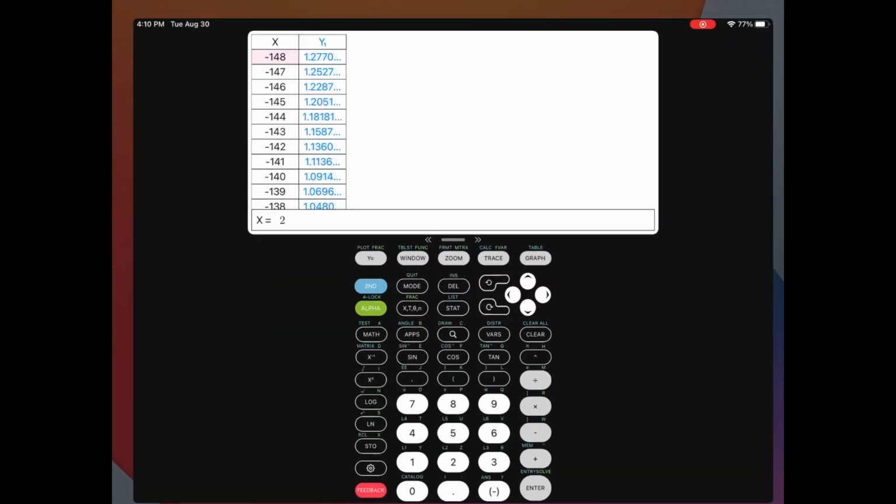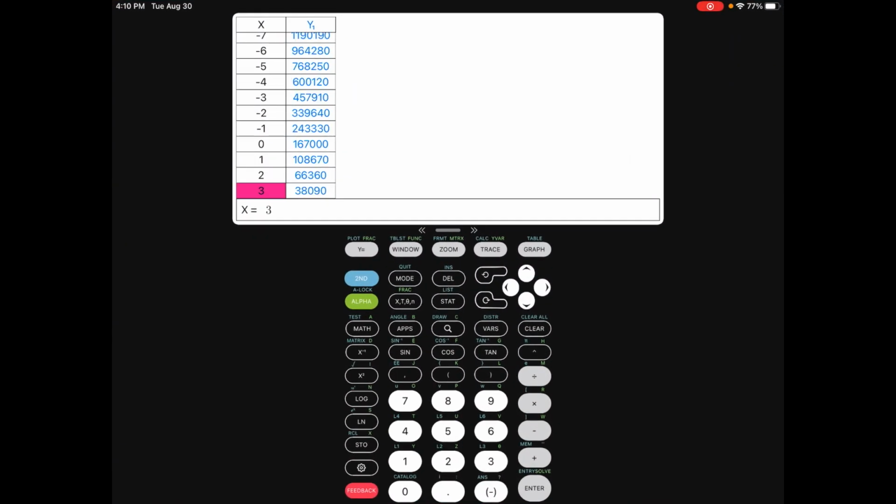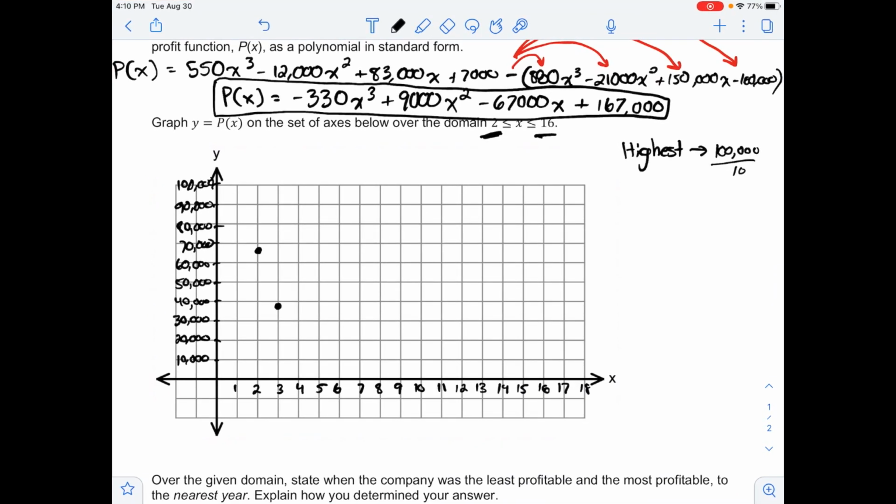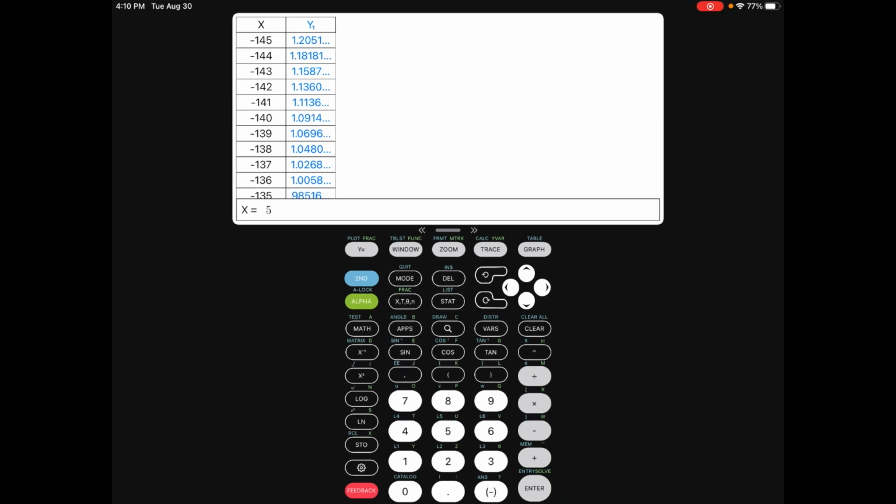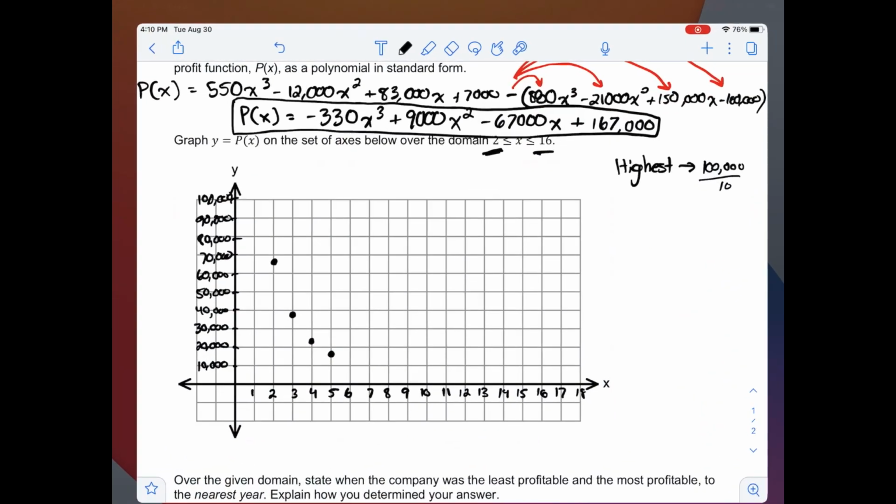Okay, let me go back. 4 is about 22. 5 is about 16. 6 is 17, 7 is 18, and then 26.